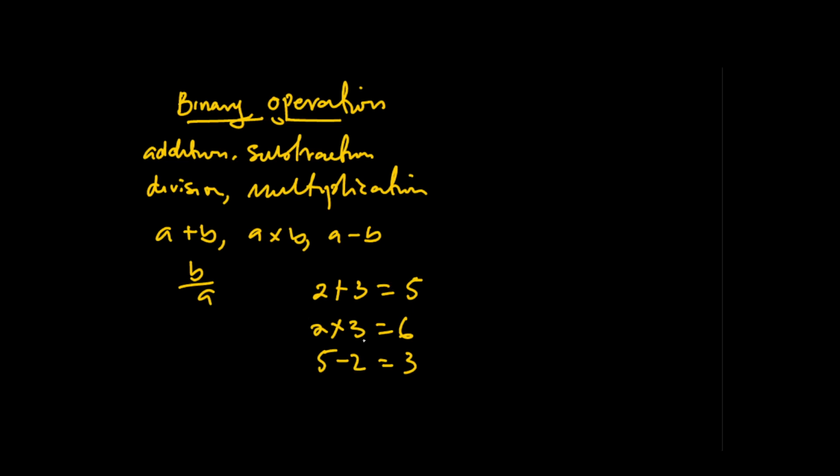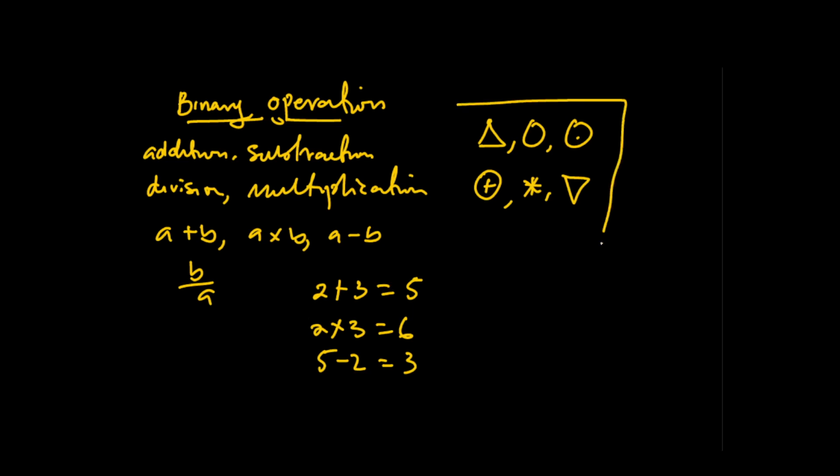So other operations that we are not familiar with include the delta, O dot, O plus, asterisk. You can also have delta facing down, to mention but a few. So these are other forms of operation that we are not familiar with.